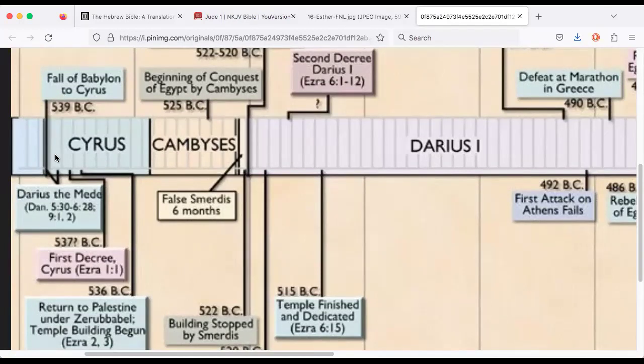So Daniel serves Darius the Mede, and he also serves under Cyrus, and I don't know how far into it he does, but Daniel's alive, and he's an old man. And way back here is where he got dragged off to Babylon.